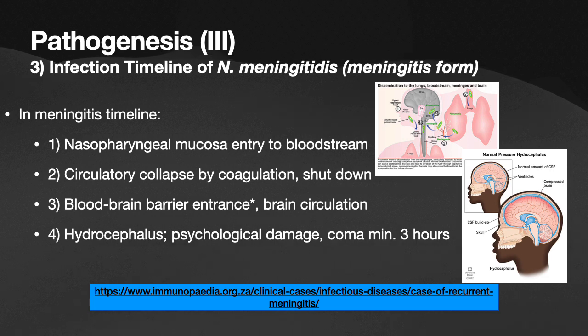Neisseria brings about circulatory collapse and causes coagulation to the point of the entire system failing. After gaining nutrients, this bacteria heads to the blood-brain barrier, where the meninges come into play, hence its namesake.